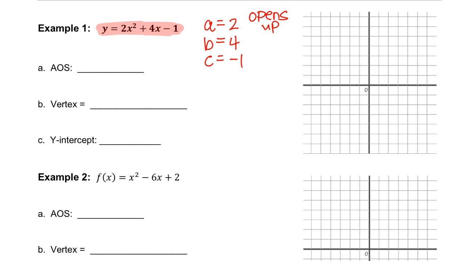The first thing I'm going to find is my axis of symmetry. My axis of symmetry equation is x equals -b over 2a. So I'm going to say -4 over 2 times 2.